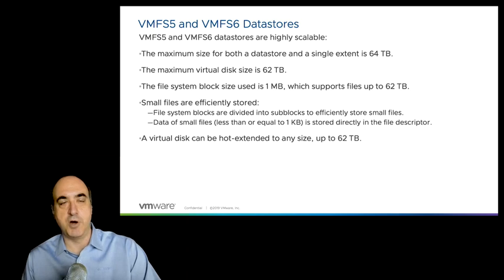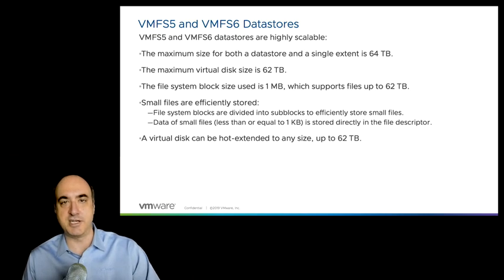So both VMFS 5 and VMFS 6 are both highly scalable. What does that mean? They can both support your LUNs up to a size of 64 terabytes, right? The max datastore size, the max single extent size, is 64 terabytes. Sure, you can span multiple extents or expand multiple LUNs into a single logical VMFS datastore.